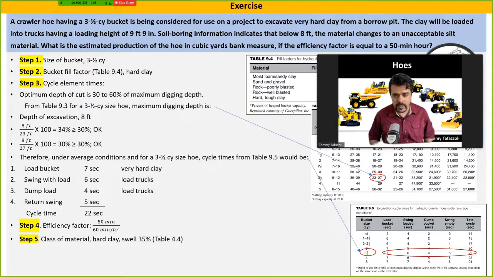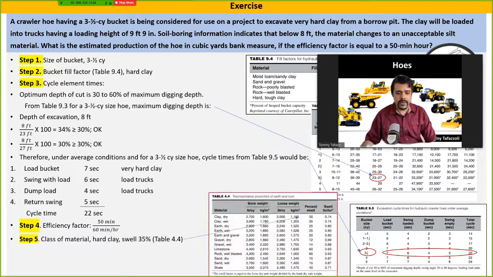Since we need to find the estimated production rate in cubic yards, bank measure, we need to convert loose to bank. That's why we need to know the swell factor. That could be found from table 4.4.